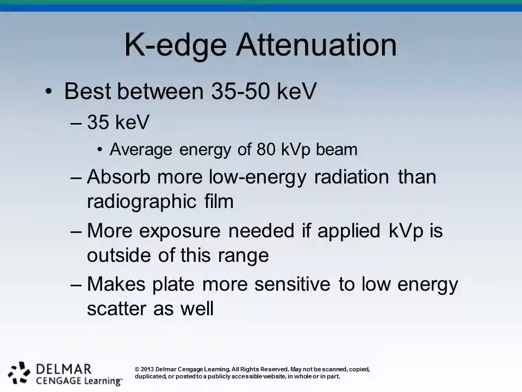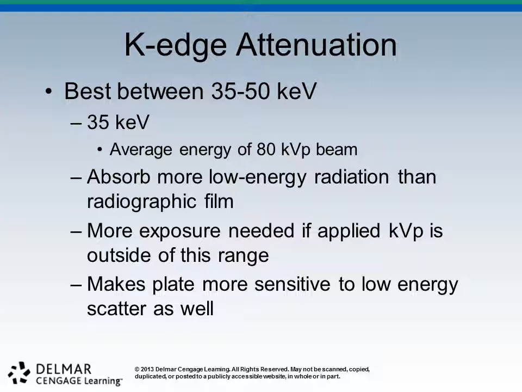Boy, that's a mouthful. All right, this thing, K-edge attenuation. I mentioned it a couple of times, and what it really means to us at the end of the day is that we need to increase the kV from film to a little bit higher whenever we're using PSP plates, CR cassettes.